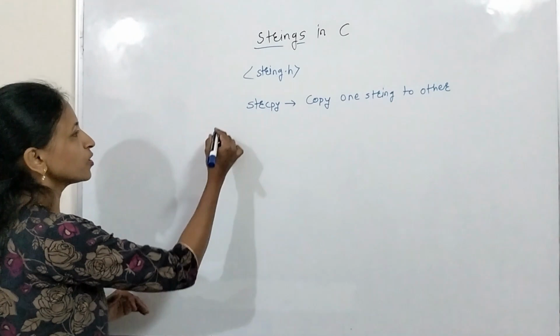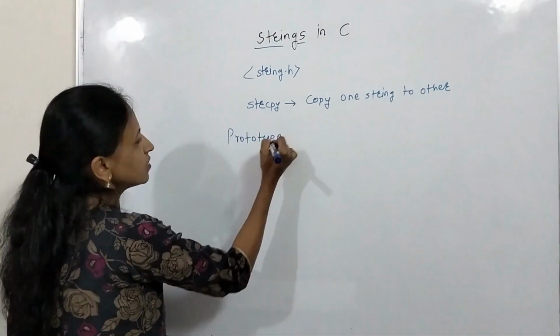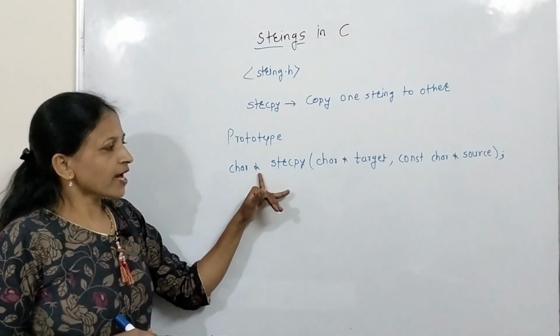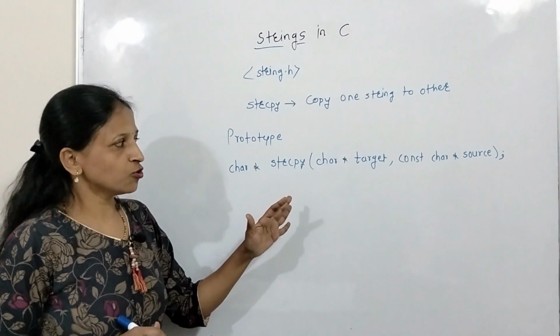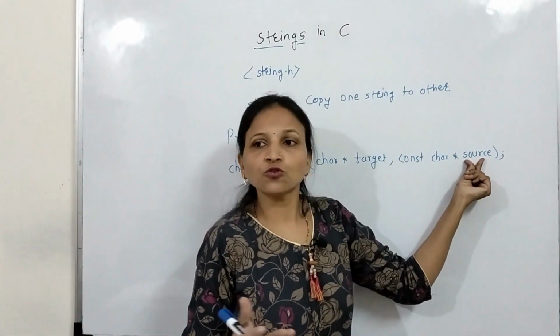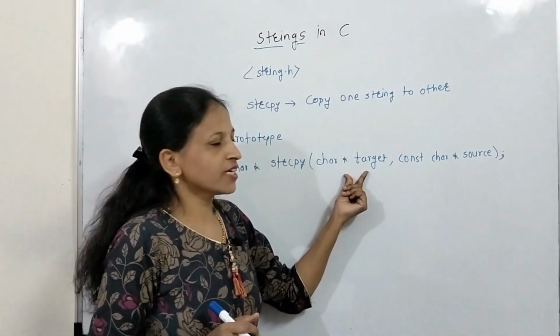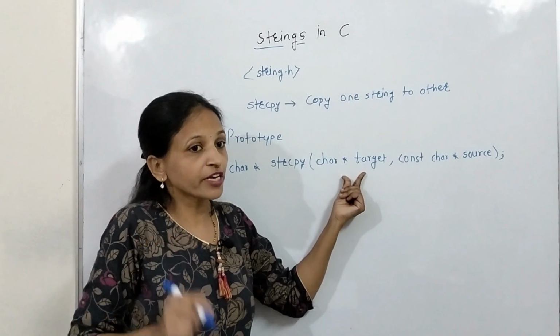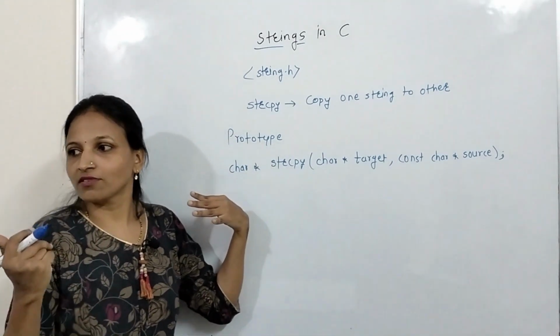Now what is the prototype of this strcpy function? It is returning one char star value. Actually, what strcpy will do is take that source string, and all the characters from that source string it will put inside this target string, and whatever target string is formed, it will return again.